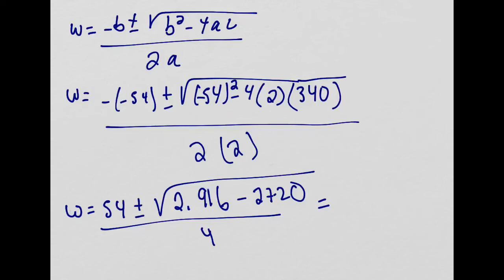Continue to simplify. We have 54 plus or minus the square root of 2,916 minus 2,720. That's 196. What a nice number, over 4. And 196 is a perfect square. It gives you 14. Very nice number.